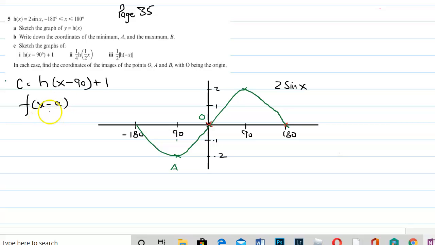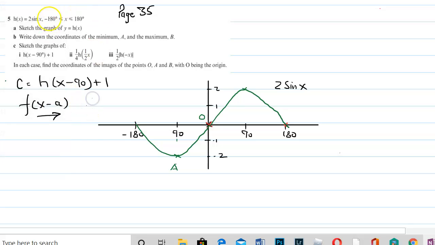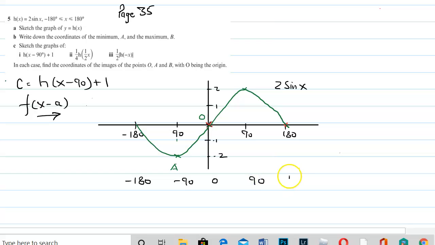And you know, if the function is x minus a, it will move a points in the positive direction of x. So let's see, this coordinate is minus 180, this is minus 90, this is 0, this one is 90, and this one is 180. This is the x-axis, and this is going to affect the x-axis by minus 90. So everywhere we will add 90.